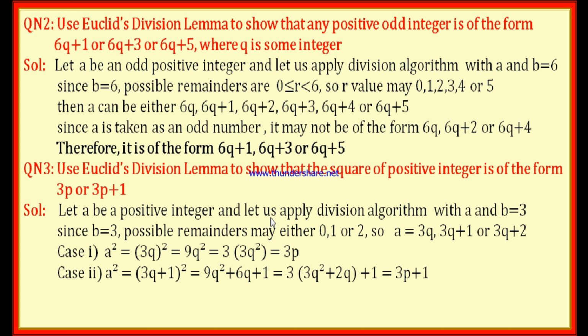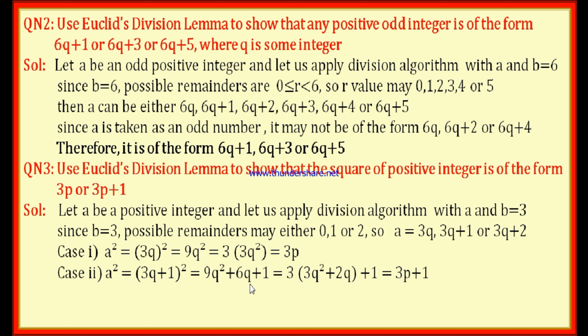Now case 2. Here a is equal to 3q plus 1. Now we have to find the square. a square is equal to 3q plus 1 whole square, which is in the form of a plus b whole square. a square, 3q whole square, plus 2ab, 2 into 3q into 1, 3 into 2 is 6q, plus b square is 1 square.